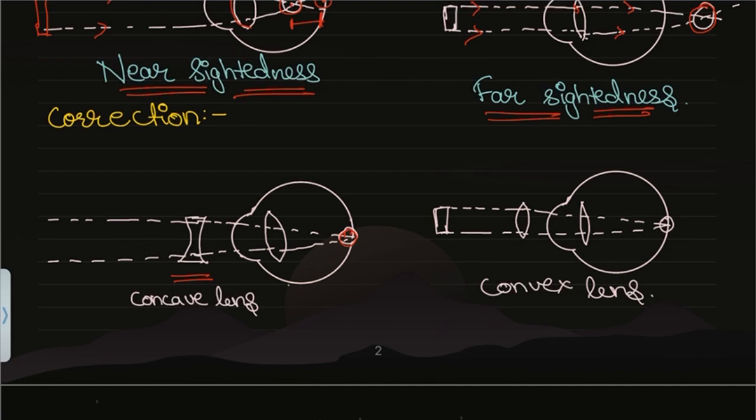This concave lens will decrease the converging power of our normal lens, and the image which was earlier formed in front of the retina will now be formed on the retina, and we can easily see far off objects.